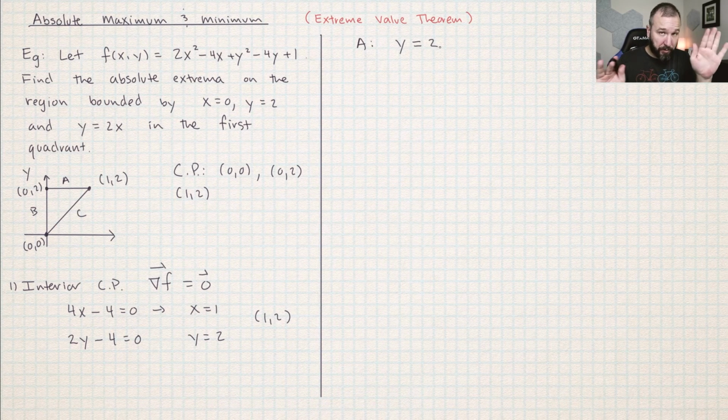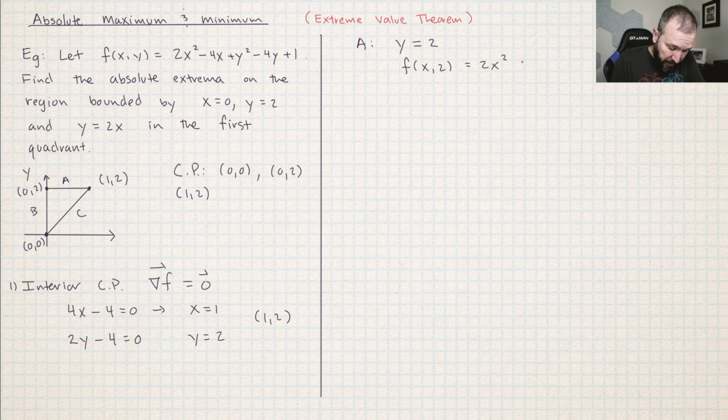So right now, for this part of the process, all I care about is the value of the function on this line right there, the line y is equal to 2. So this is kind of cool because it reduces the problem from being a function of multiple variables to just being a function of a single variable, because now y is fixed, y is just 2. So now I don't have f of x, y, I just have f of x comma 2. So I can go in and put a 2 in for all these y values.